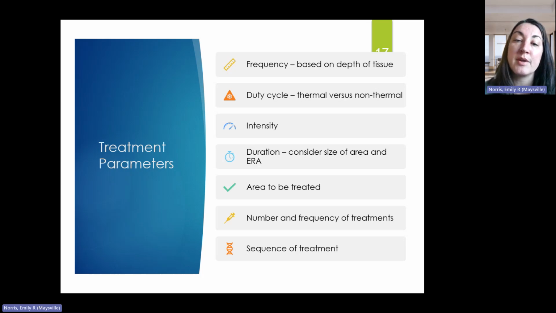Intensity, between 0 and 3 watts per centimeter squared, with the typical range being 1.5 to 2 watts per centimeter squared when you're using 1 megahertz, or 0.5 and below if you're using 3 megahertz. And then the duration, typically between 5 and 10 minutes. You do need to know that and be able to do that and set it up for a patient scenario.